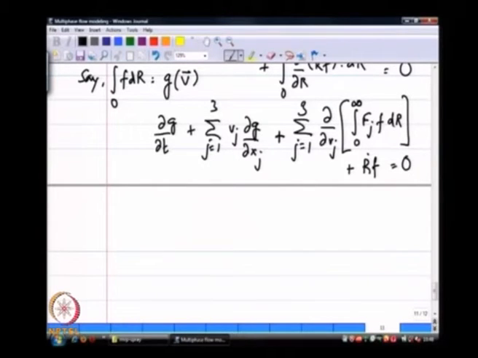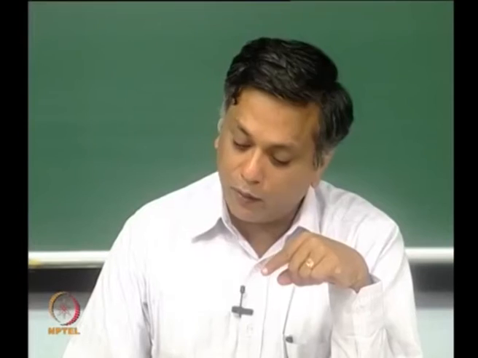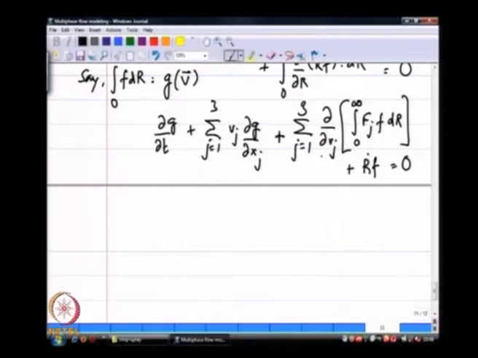If it is a function of r, then I am in trouble, because I have f j from my earlier formulation as the external force per unit mass acting on these particles, and if there is a size dependence on it, then this becomes a little tricky to write.